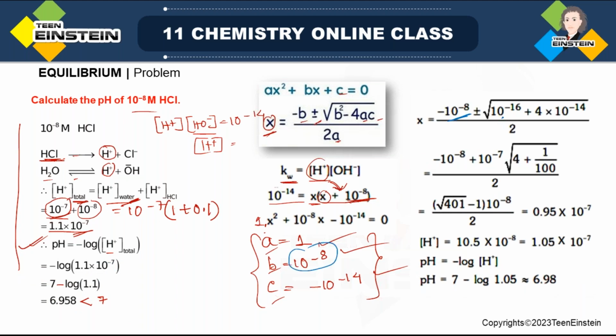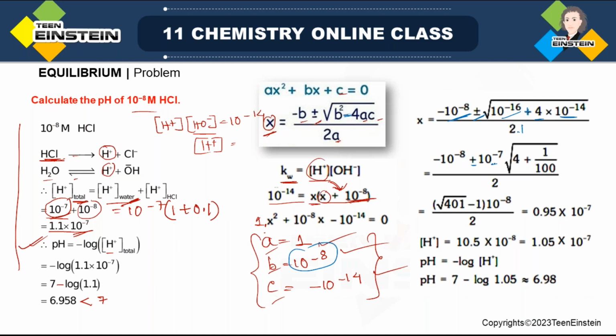Then B square, 10 to the power minus 8 square means 10 to the power minus 16. Then 4, where A is 1 and C is 10 to the power minus 14. Negative will be cancelled, so ultimately it is positive. Divided by 2 into 1, that means it is 1. Now we will take only the positive sign, so that is why here it is written plus.